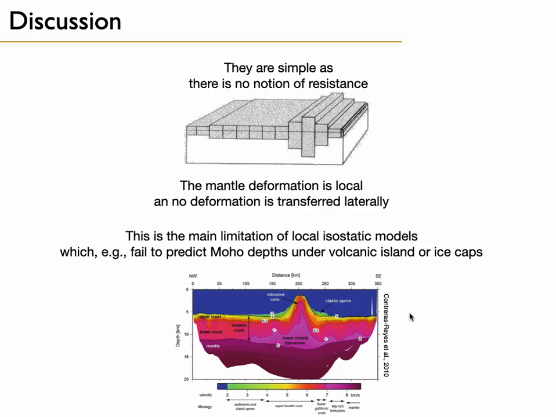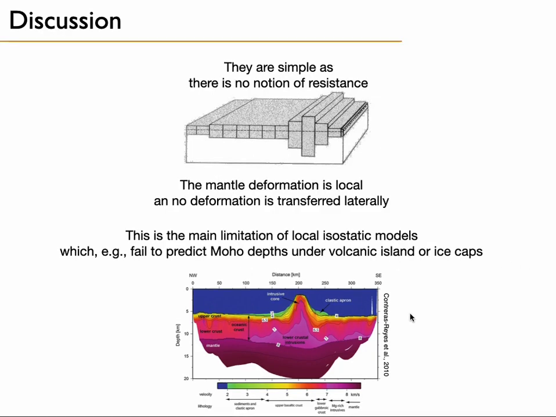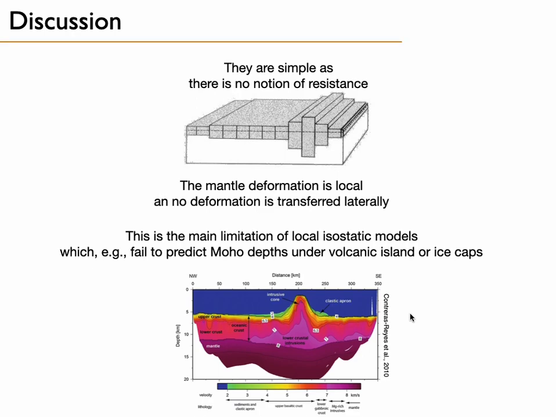So that's a nice section into a volcanic island. So you see a map of seismic velocity in a volcanic island. And what can be seen from this, you basically see the bathymetry here. There are some sedimentary or clastic deposits here on the sides.